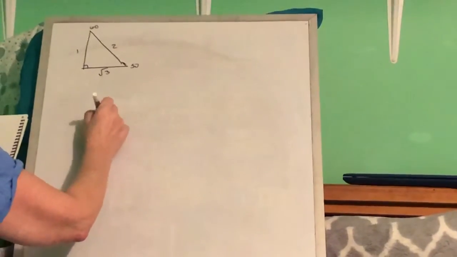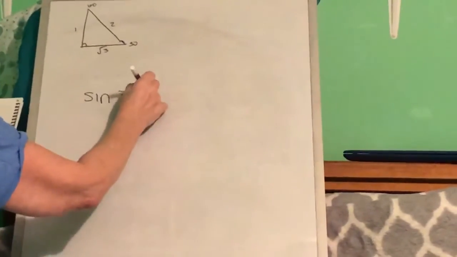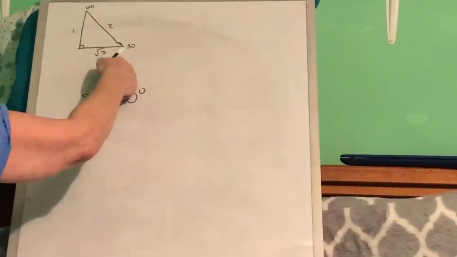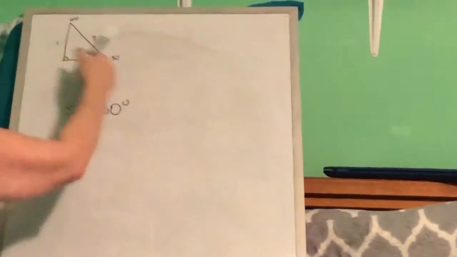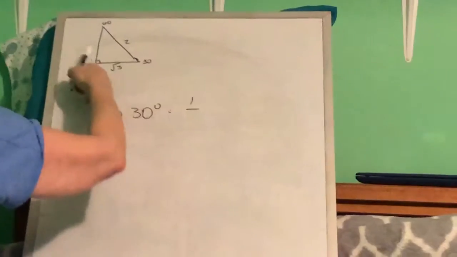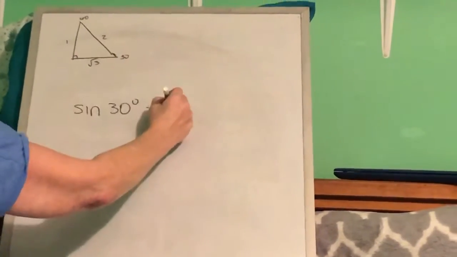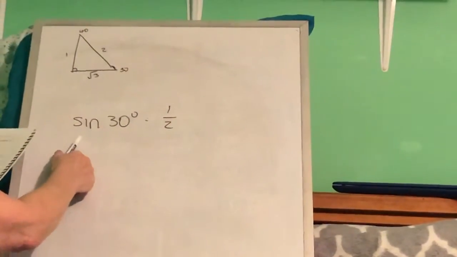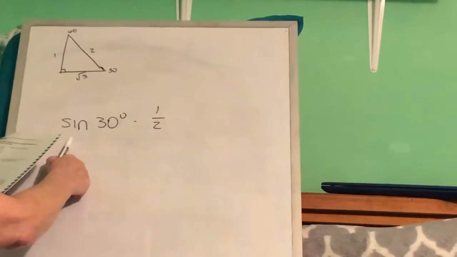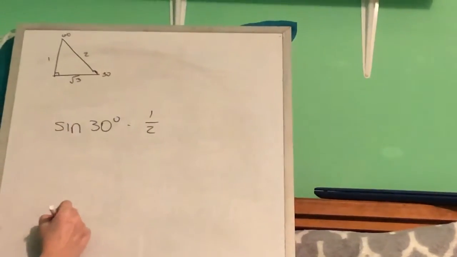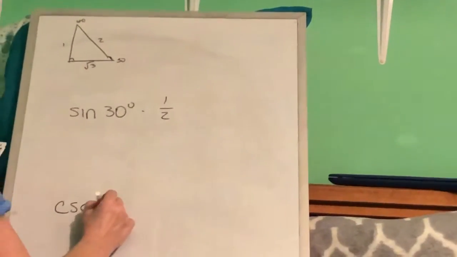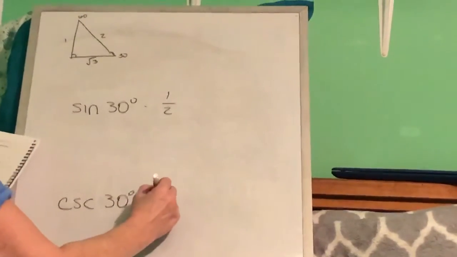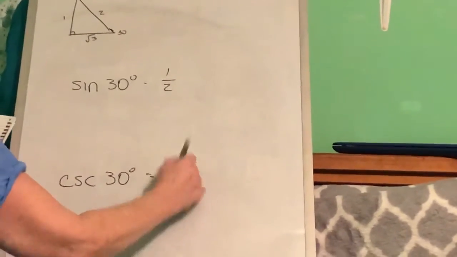So the sine of 30 degrees, here's my 30 degrees, the sine is going to be the opposite over the hypotenuse 2. So what's the reciprocal function of the sine? It's going to be cosecant. So cosecant of 30 degrees will be equal to 2.